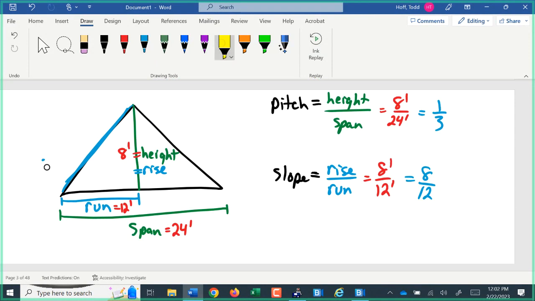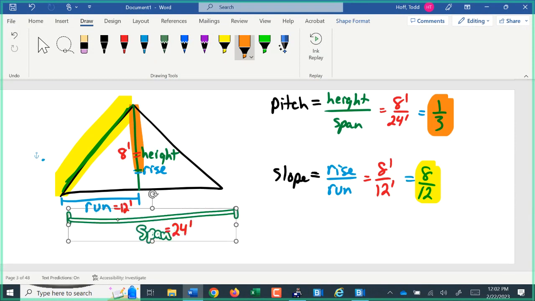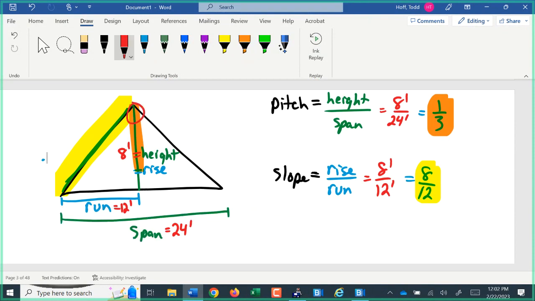So as I said, this 8/12 describes the angle of that sloped surface. The 1/3 is the ratio of height to span. And what it's doing is on older conventional frame roofs where you had a ridge beam and rafters, that described how high the ridge beam had to be set above the walls, 1/3 of the span.